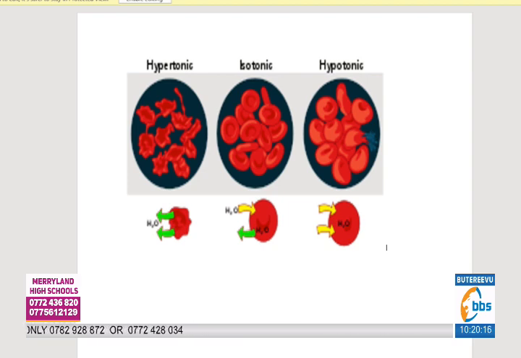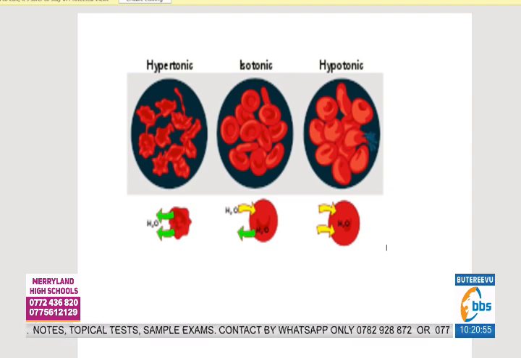So when you place a red blood cell in a solution that has a lot of solute molecules, the cytoplasm of the red blood cell contains more water than the surrounding solution, and therefore water is going to move out of the red blood cell by osmosis into the surrounding hypertonic solution, and the red blood cell will start reducing in size due to loss of water by osmosis, and then it will shrink, and that shrinkage will result in it changing its shape from the normal shape you're seeing in the other two pictures, which is biconcave disc, to a more crenated form.